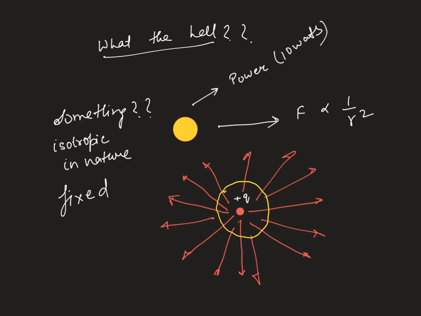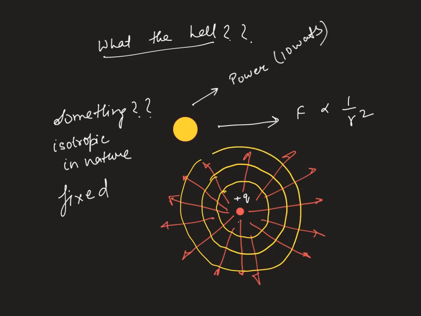We cannot change that. Let's say there are 10 quantities of something, and those 10 quantities are being distributed in space. So as they move further away in space, the intensity decreases. I'll write the word here, intensity.